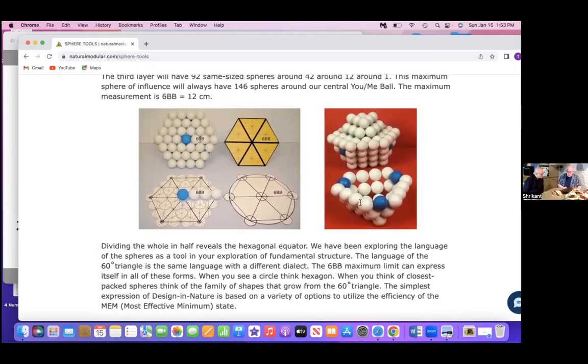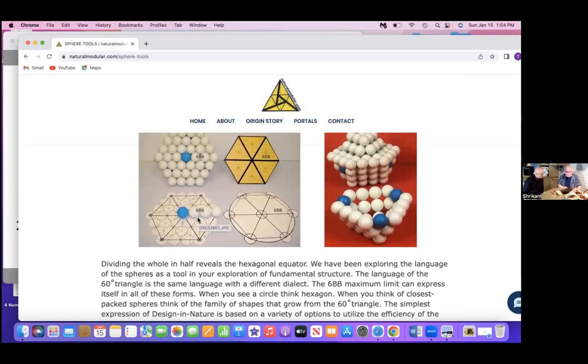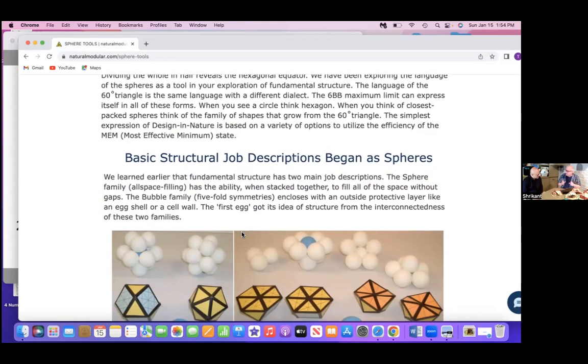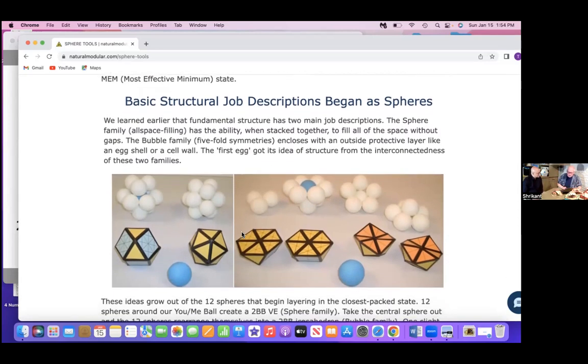Now, what's very interesting here, you see the 6 BB, sphere speak can also be hexagonal speak, because it's the same thing. It's the connection between the spheres, so there are all these different ways that you can express that same distance, which we're going to say is the ultimate limit of our center ball, it can only go out 12 centimeters. And if it goes out further, then it's just a repeat of that pattern.